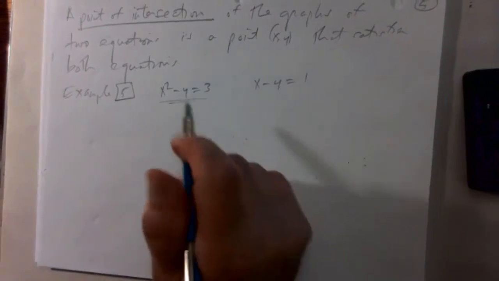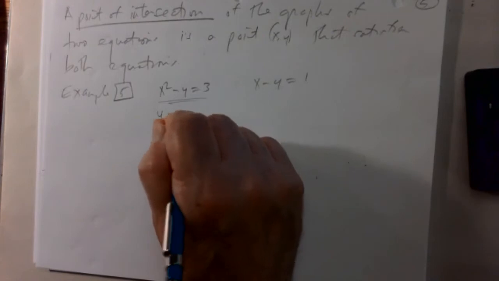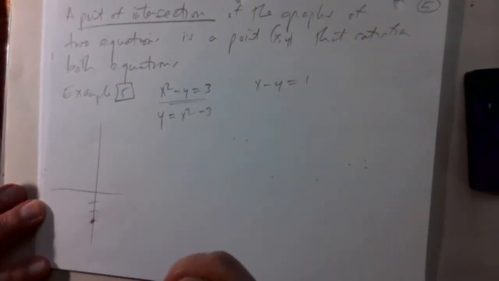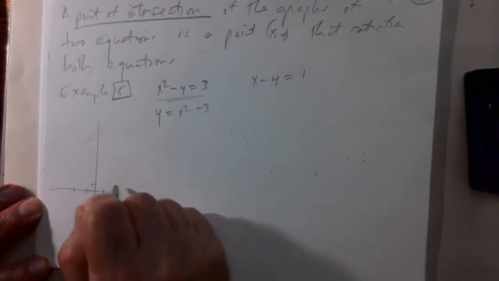What is this equation? We could rewrite this as y equals x squared minus 3. Then we know this is a parabola where the y-intercept is -3. When x is plus or minus 1, it's -2. When x is plus or minus 2, it's plus 1.